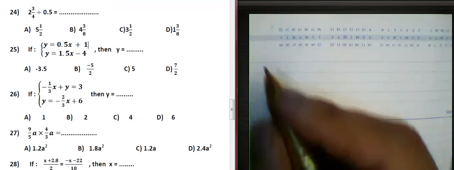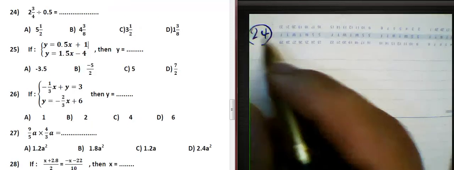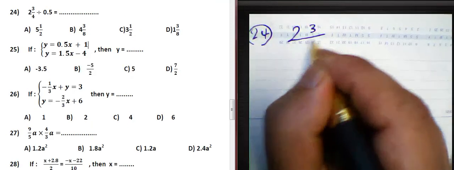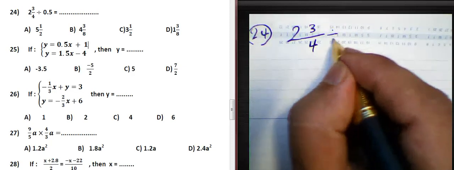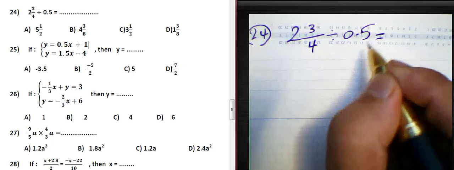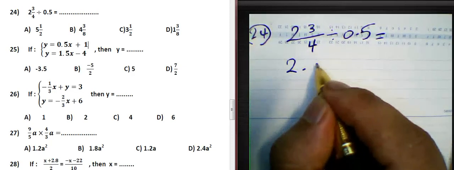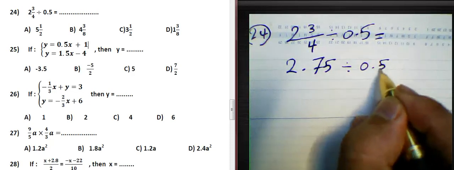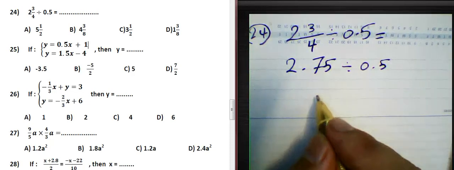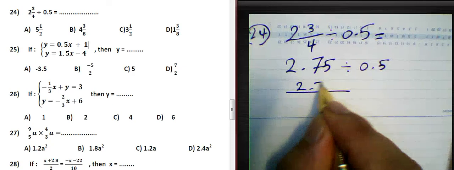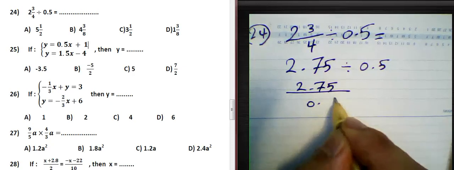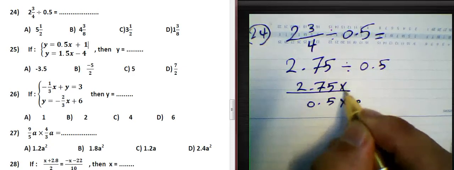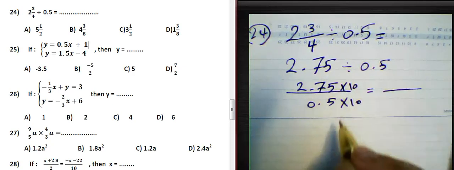Question 24. 2 and 3 over 4 divided by half. We can write 2.75 divided by 0.5. Okay, we can write 2.75 over 0.5 multiplied by 10 to cancel the point in numerator and denominator.